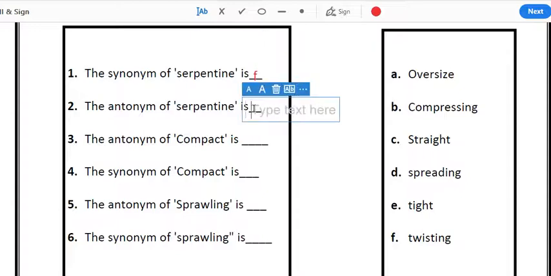The antonym of serpentine would be, yes, straight, that's right, excellent, C. The antonym of compact, the opposite of compact: compact means tight, so the opposite is oversized, A. The synonym of compact, the same meaning. Compact means tight, it's E.